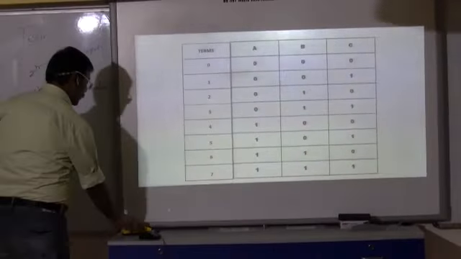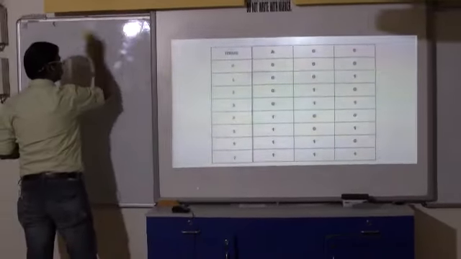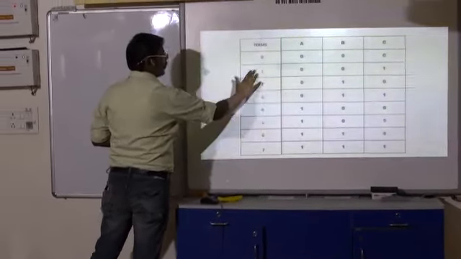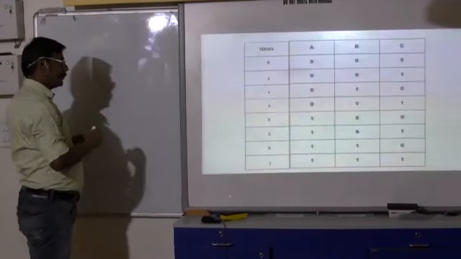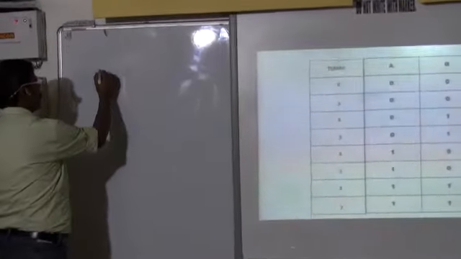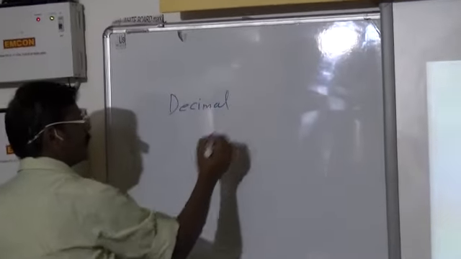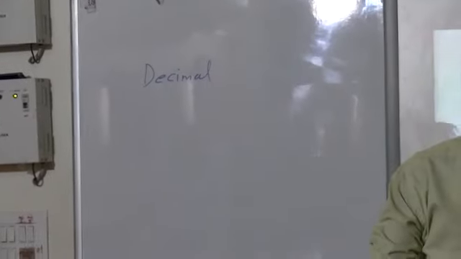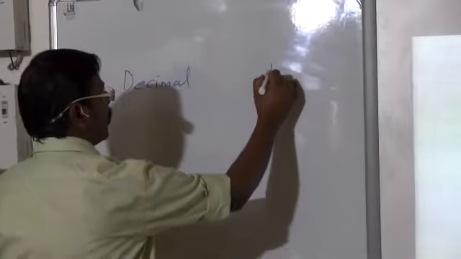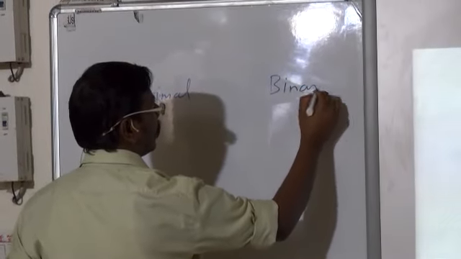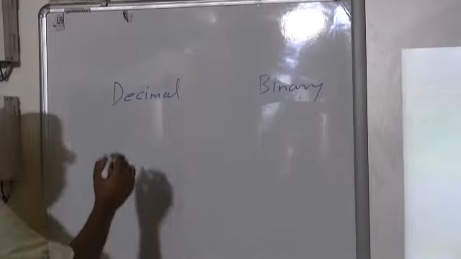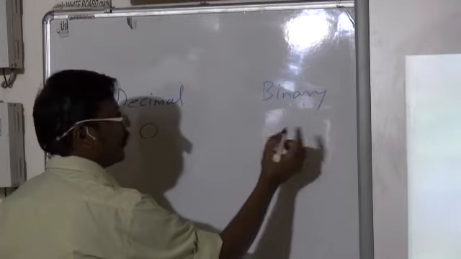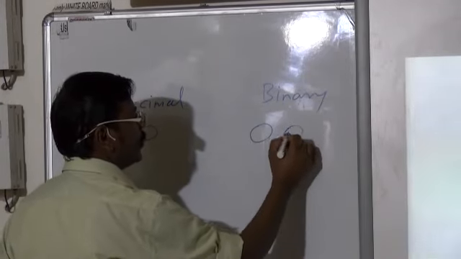Now if you look at these terms, the term numbers 0, 1, 2, 3, 4, 5, 6 are related to the row values also. The term numbers are in the decimal number system, and the combinations that we have here, 0 0 0 or 0 0 1, are in binary. If the decimal value is 0, the binary equivalent for 3 inputs is 0 0 0.